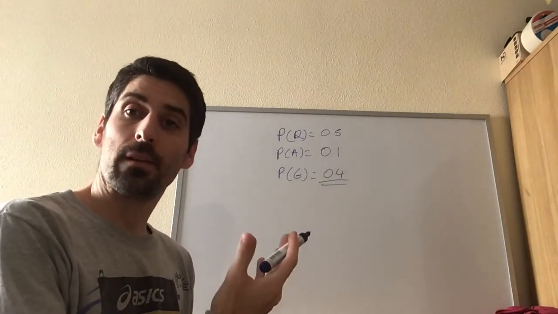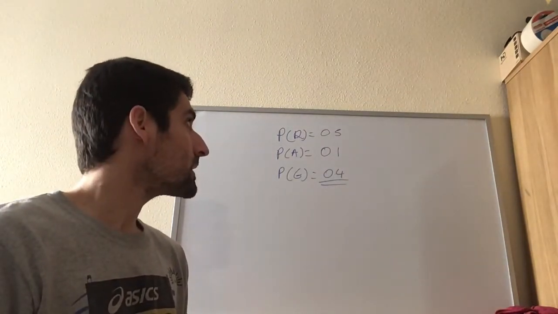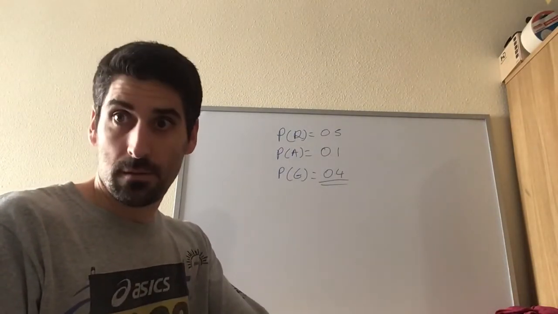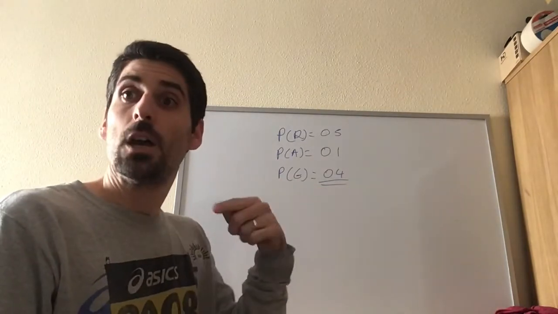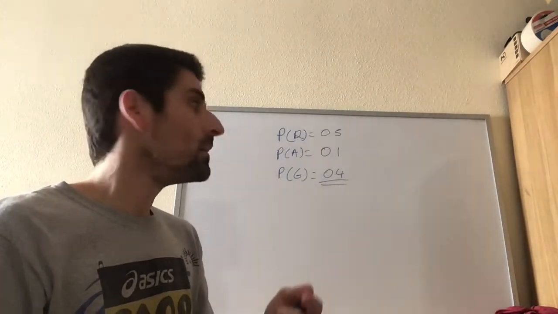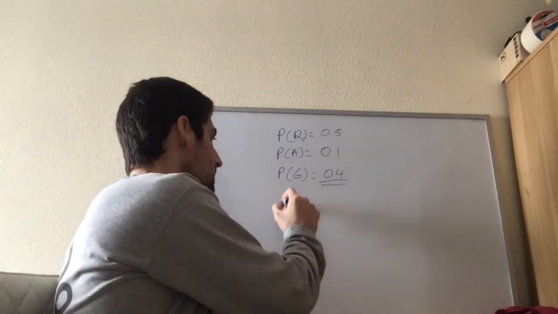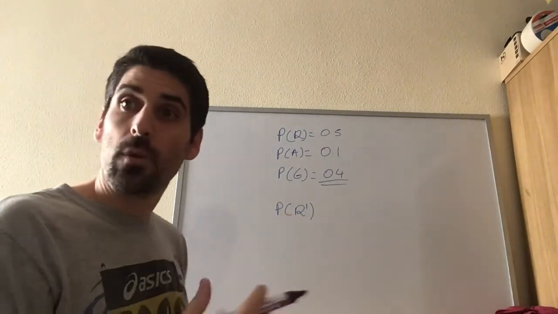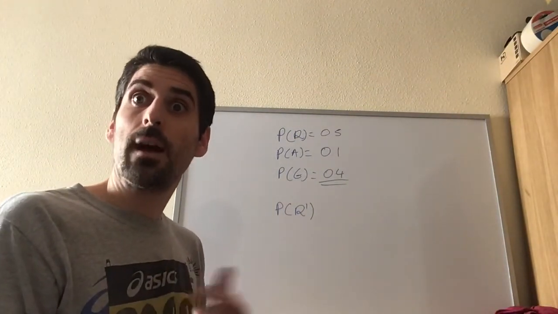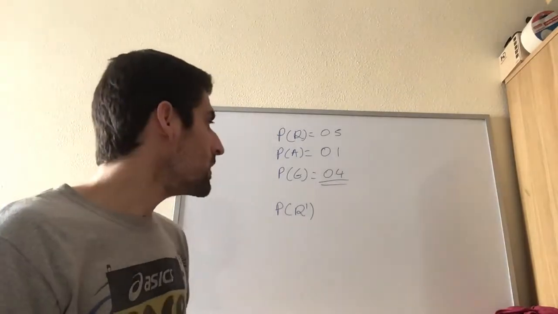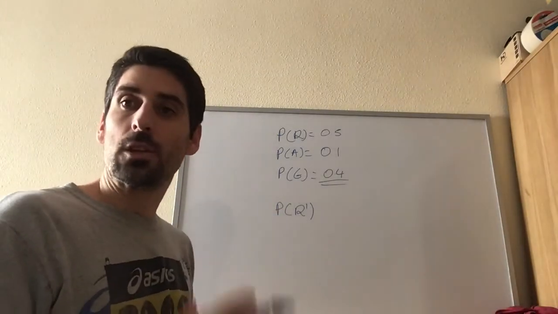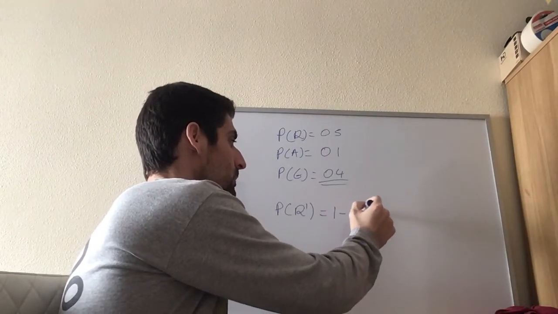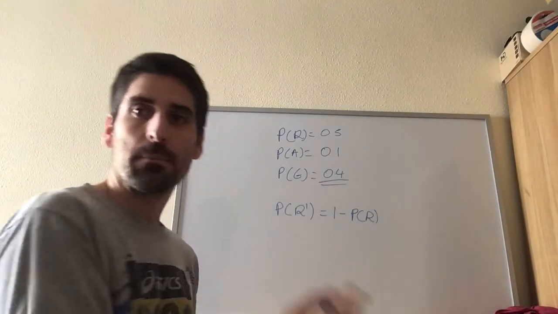Something else we can figure out from here is the probability of something not happening, so the probability of the traffic light not being red. You remember that when we did set notation, I told you it would come in probability. So the probability of the traffic light not being red is going to be 1 take away the probability of it being red.